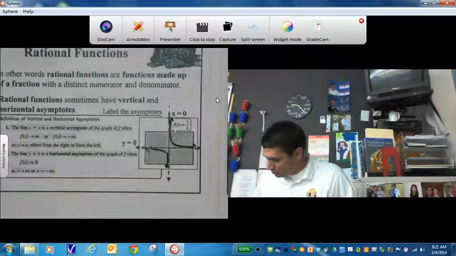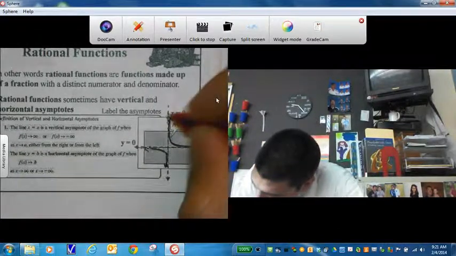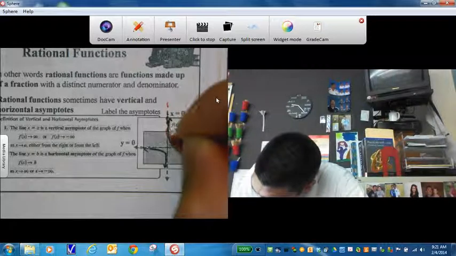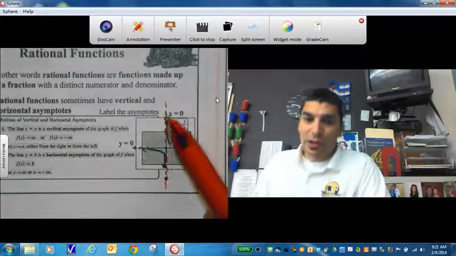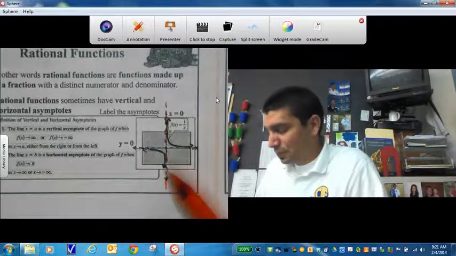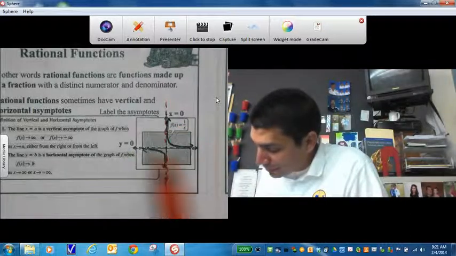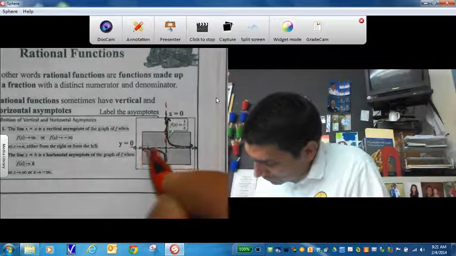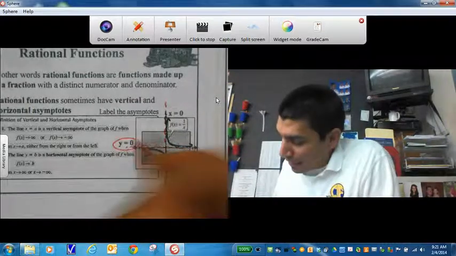Let me do that in red. The vertical asymptote was at x equals 0. The horizontal asymptote was at y equals 0, and they're both labeled here for you.